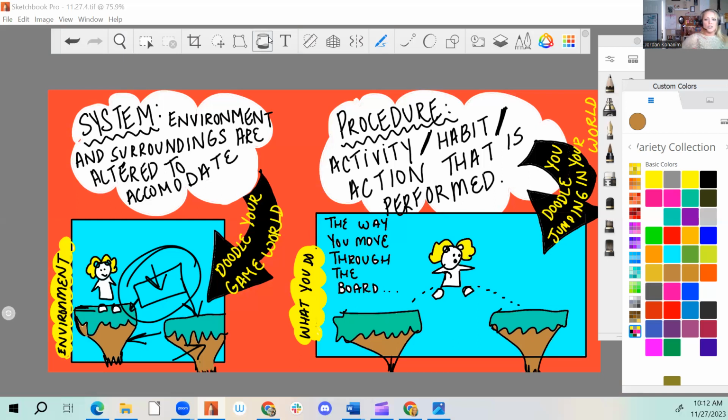Your procedure is going to be the thing that you do, and that procedure is going to be the same no matter what that obstacle is, okay? So your environment, just like a video game board, is going to be something that you might be able to change, but you also might not be able to change.